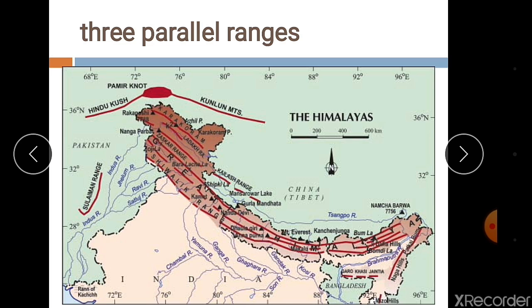The Purvanchal comprises the Patkoi Hills, the Naga Hills, Manipur Hills and Mizo Hills. In this way, we have studied the Himalaya, its location, its longitudinal or parallel divisions, and the divisions on the basis of regions also.